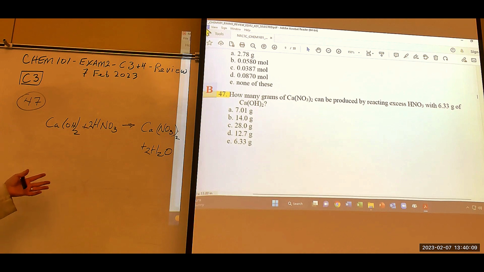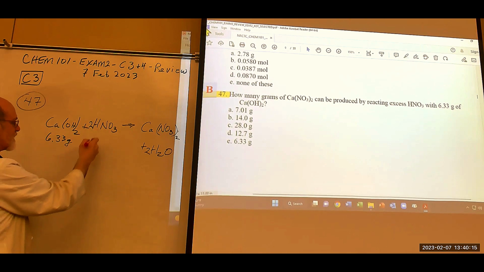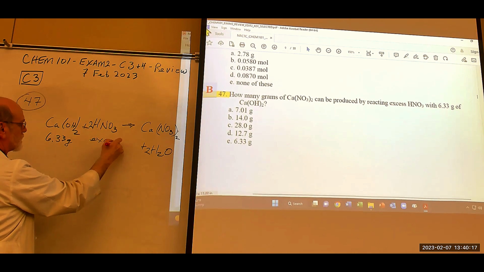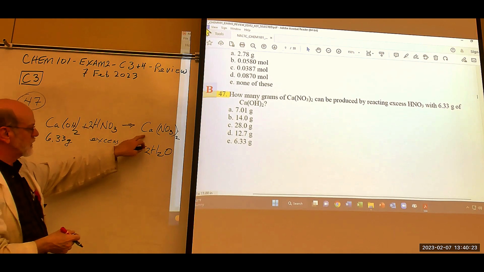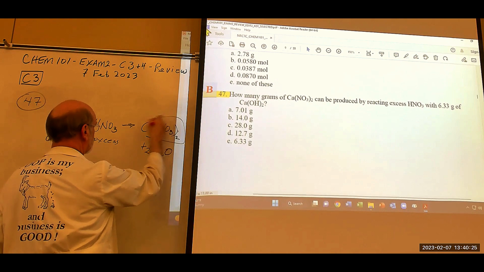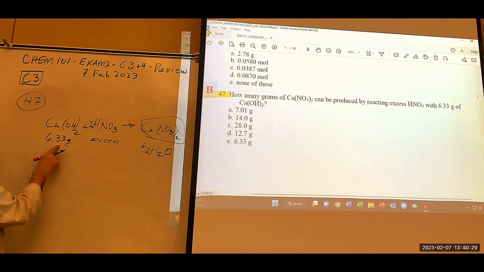So now we have 6.33 grams of calcium hydroxide and excess acid. And the question is, how many grams of this do you produce? So since this is excess, all you have to do is convert this to moles of that product.